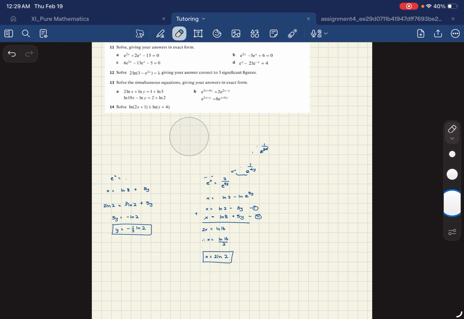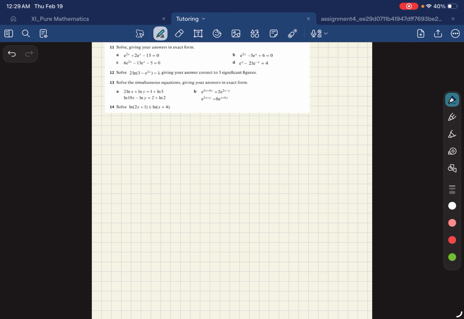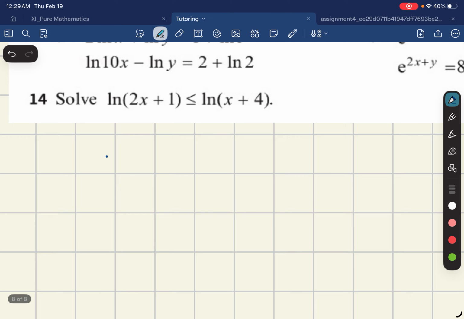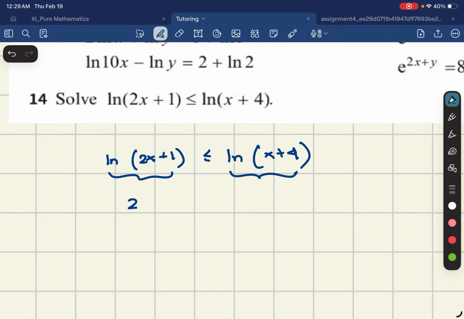And finally, we have question 14, which is solve this equation. So I have ln of 2x plus 1 less than or equal to ln of x plus 4. So if the ln of this is smaller than the ln of this, then the arguments follow the same pattern.